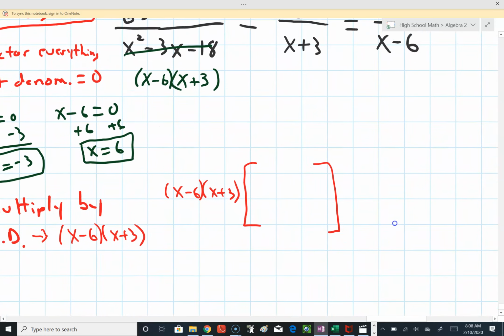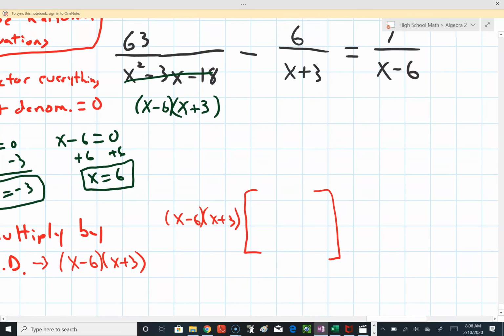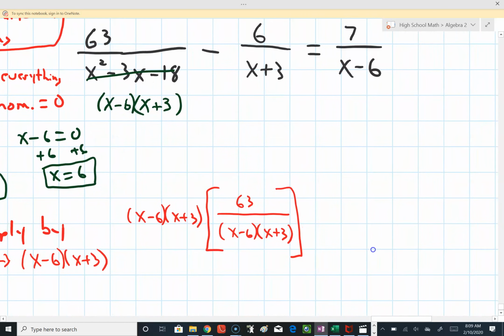You don't need these brackets. I want to clearly show, a bracket is the same as parentheses. I just want to clearly show I'm multiplying by it on the left and the right. 63 over x minus 6, x plus 3.